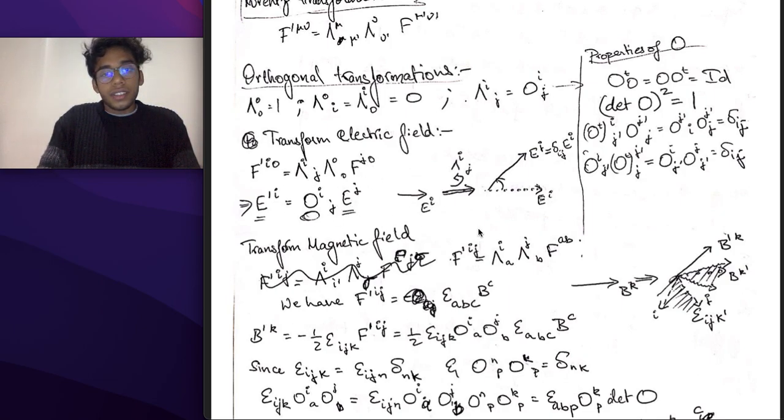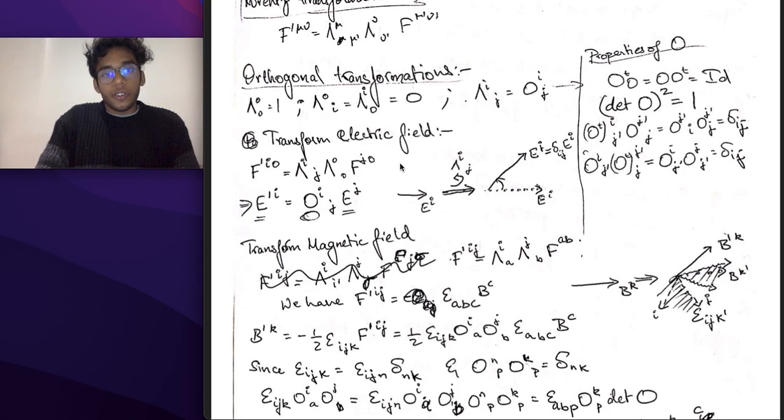So here in this case, I just wanted to show that it doesn't matter. Your transformed vector is in fact the same vector, but rotated by O_ij, right? That is your transformed vector.